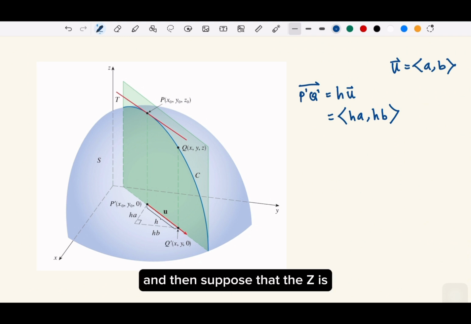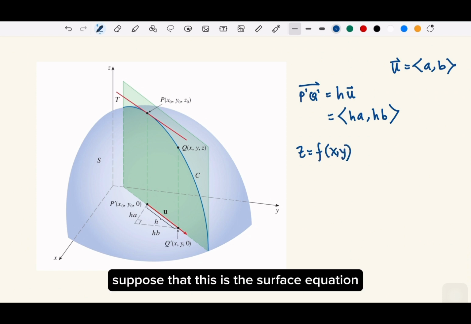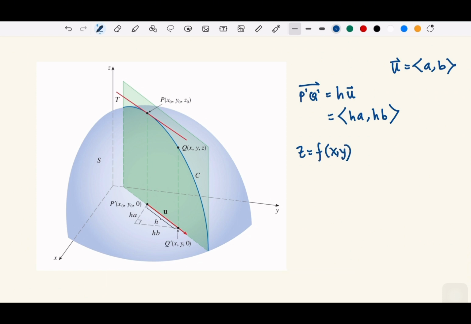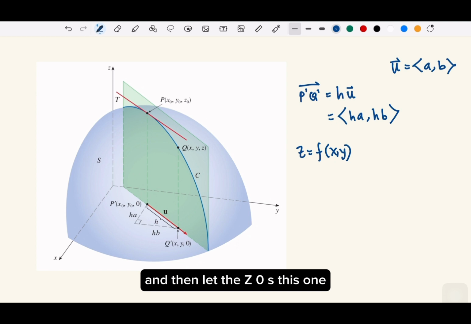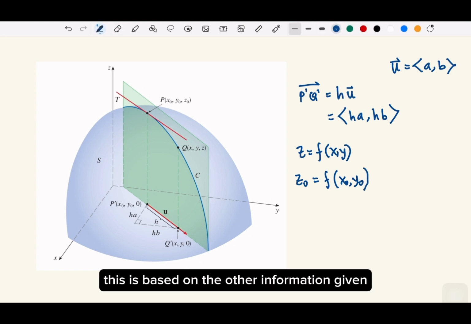And then suppose that z is, let's just suppose that this is the surface equation, and then let z0 be this one. This is based on the information given.